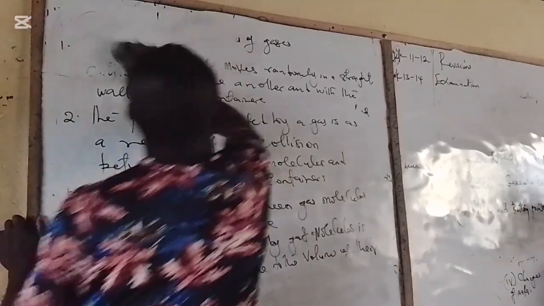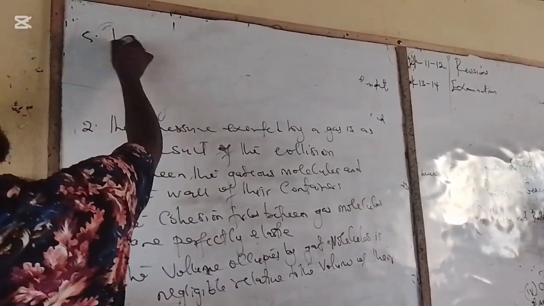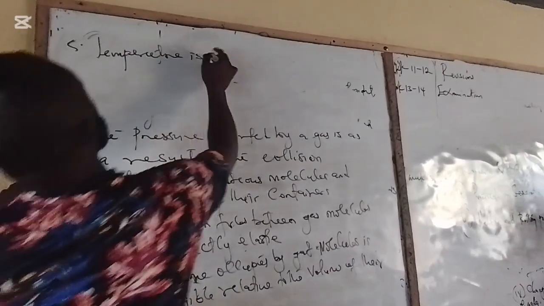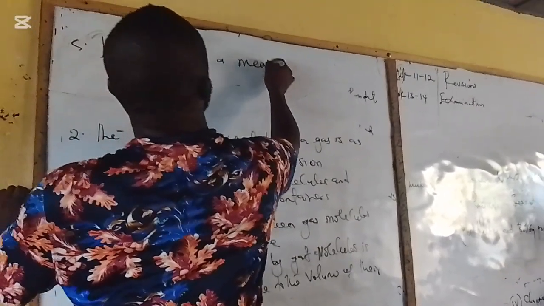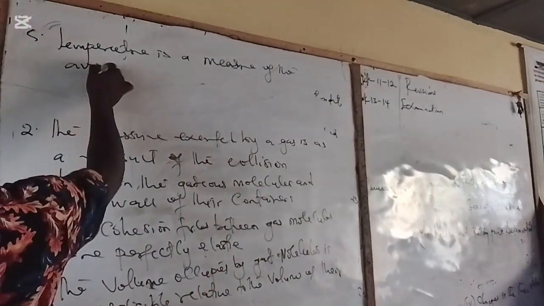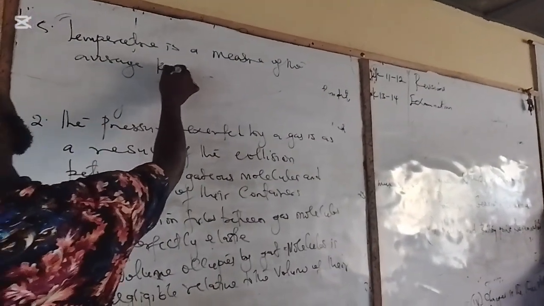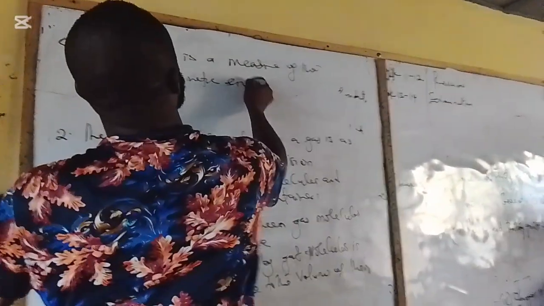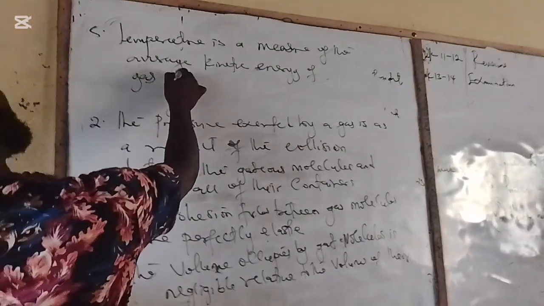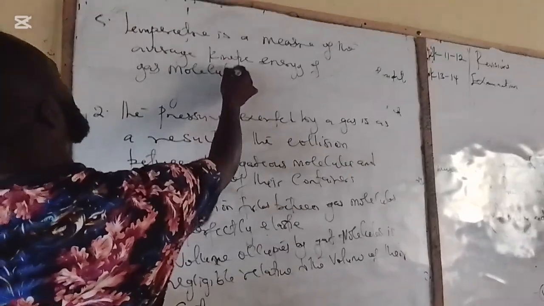Then number five is that temperature is a measure of the average kinetic energy of gas molecules. That's what it is.